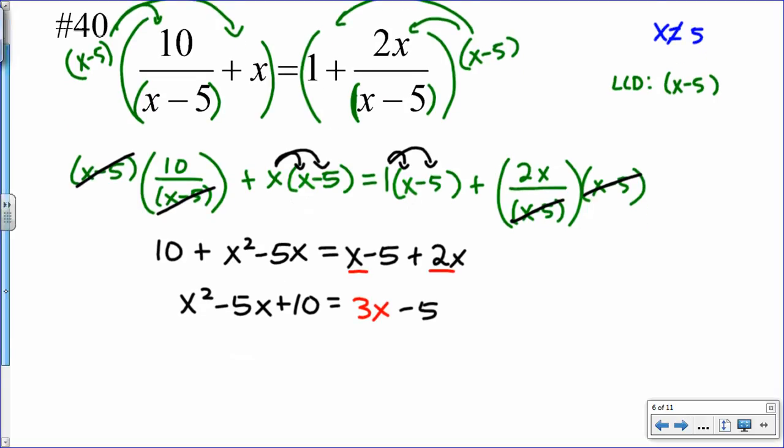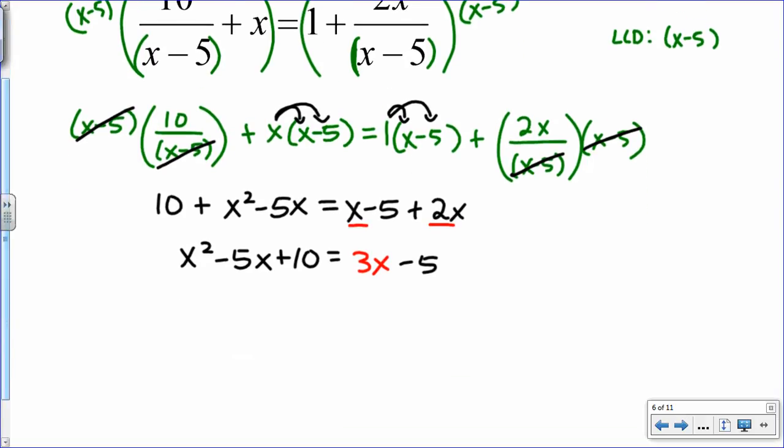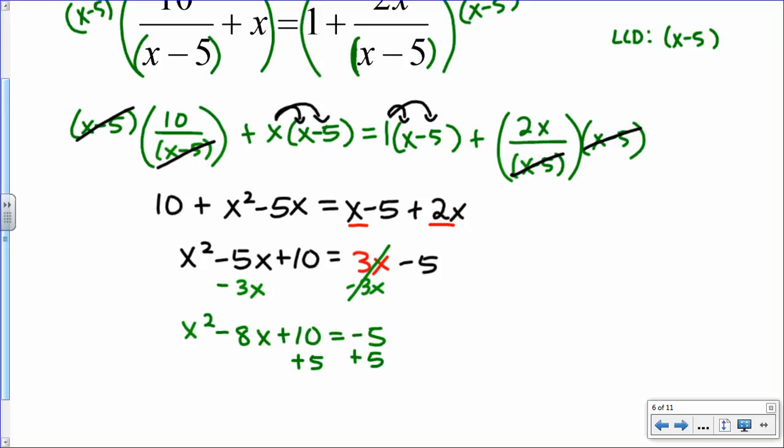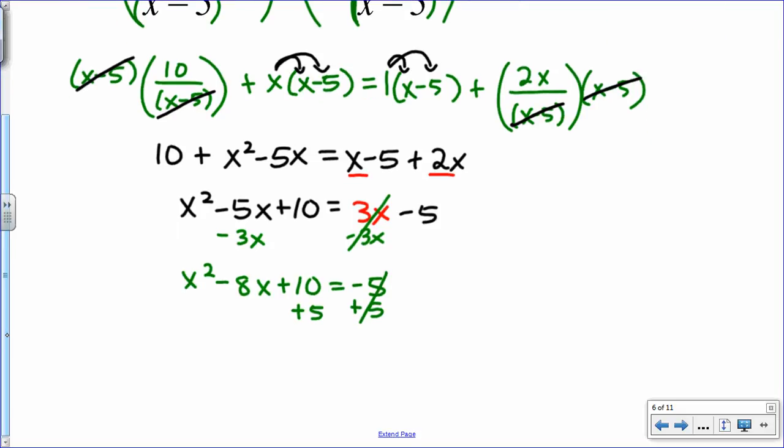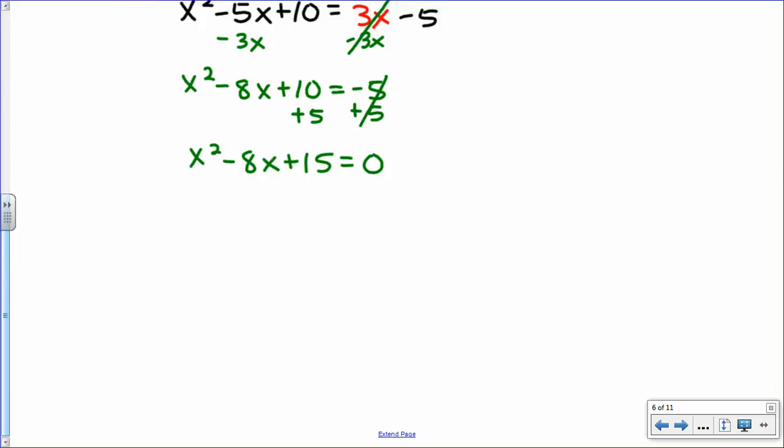Now I will move the terms on the right to the left, so I'm going to subtract 3x from both sides. That's x squared minus 8x. And then I will add 5. When you have a quadratic trinomial, you want to factor if possible.